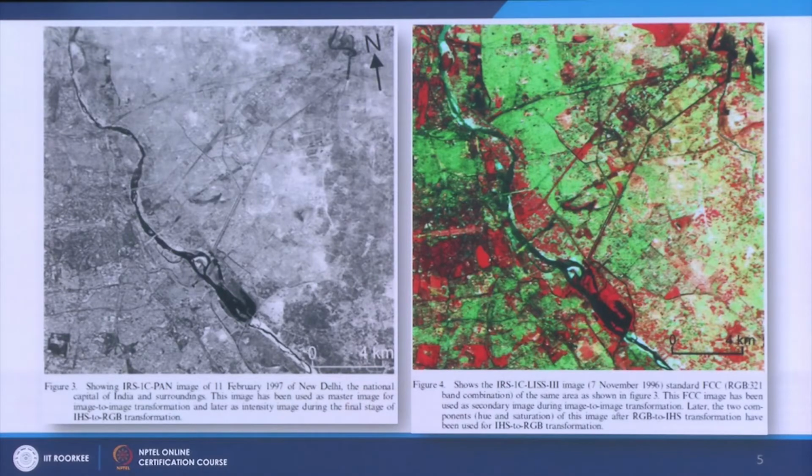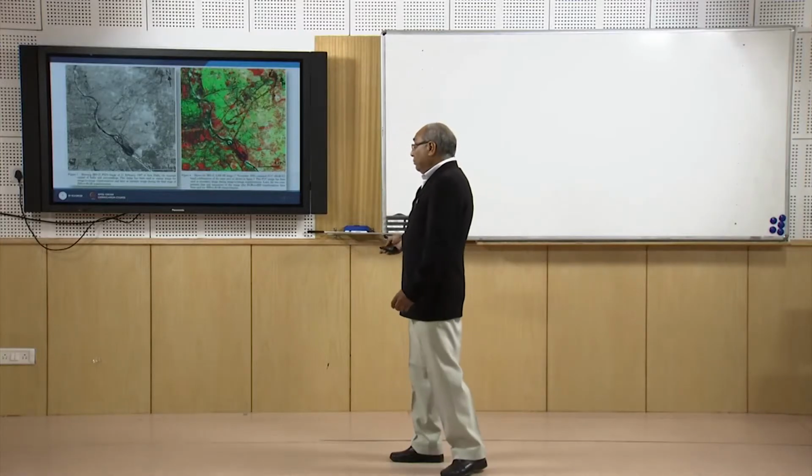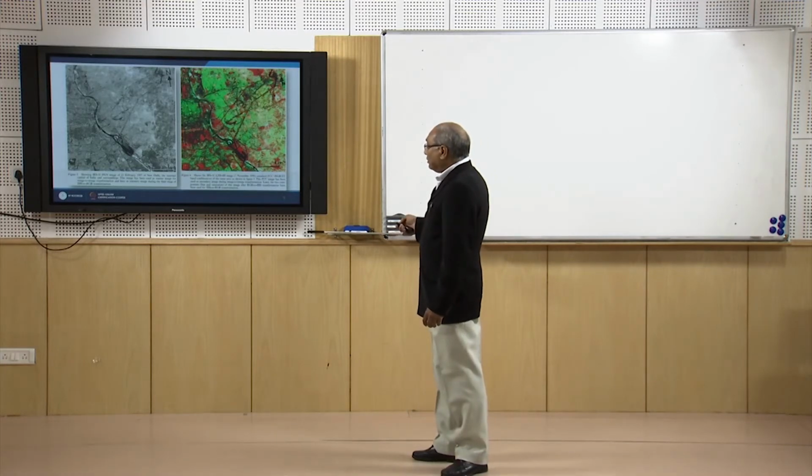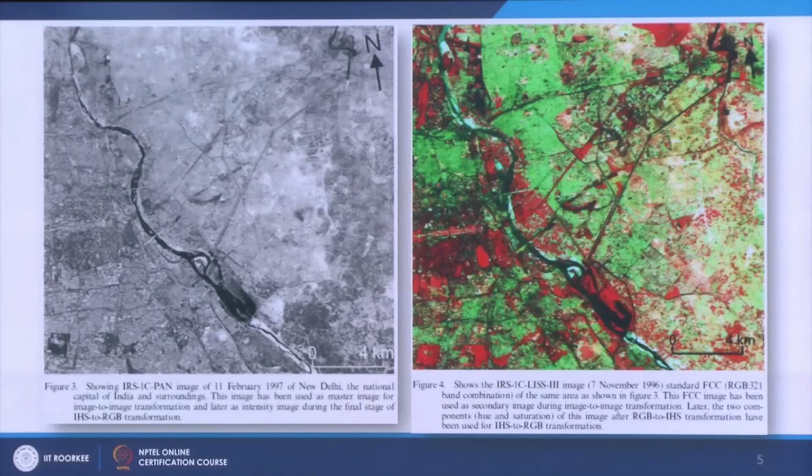Now we can use these images and these color combinations to create some new products which will show the vegetation, water bodies and built up areas very easily, very distinctly, and this is the purpose of creating such color composites.